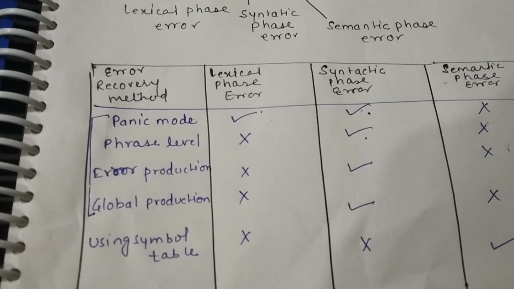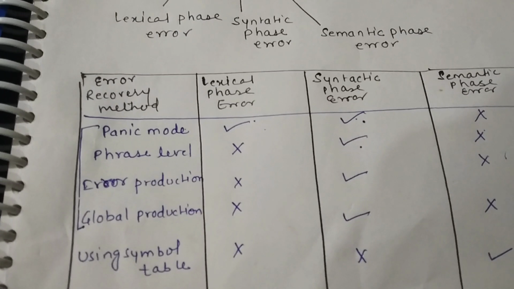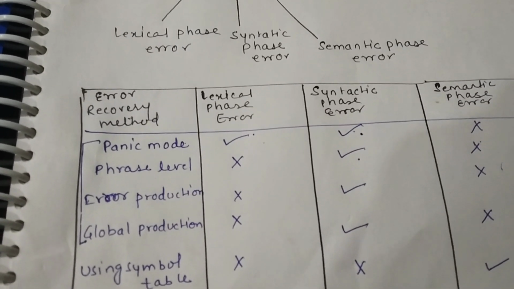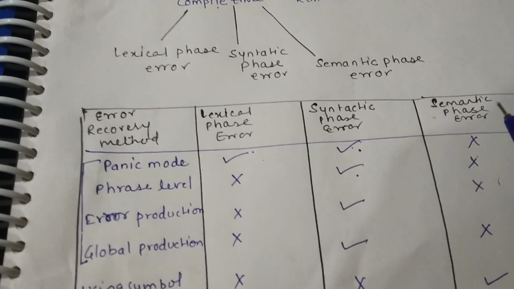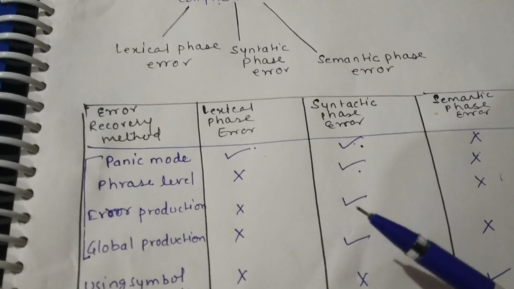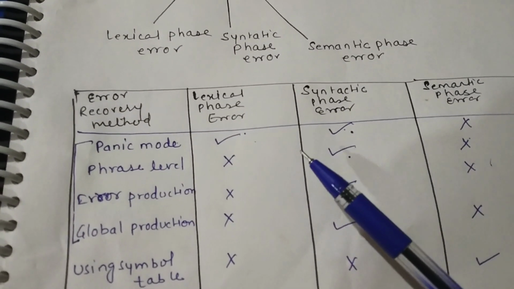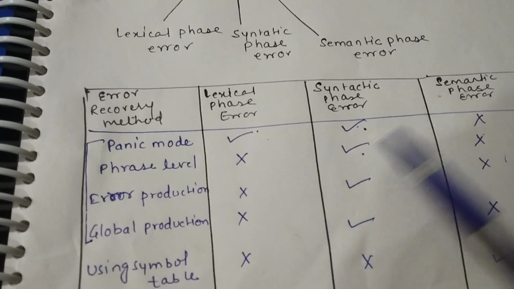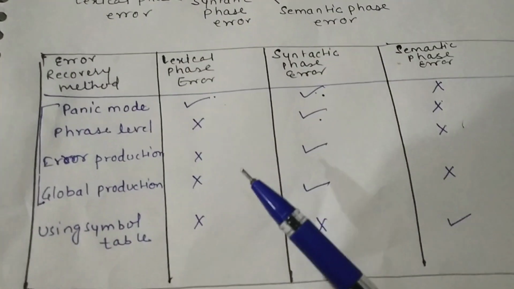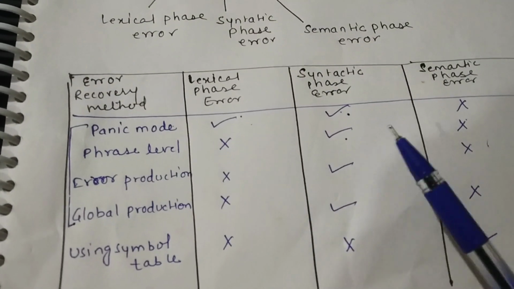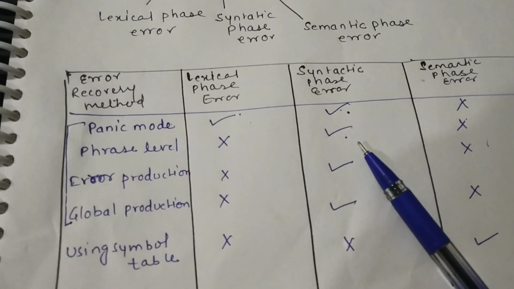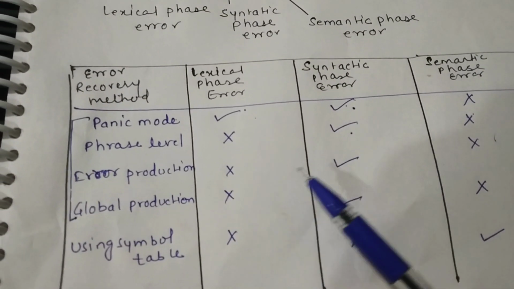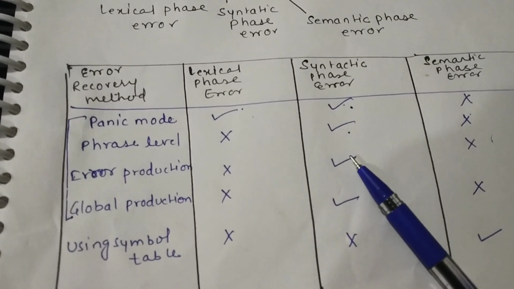Now we see from the table which error recovery method is used in which phase of the compiler. Like panic mode method is used in lexical phase and syntactic phase error, but not in semantic phase error. Phrase level error recovery method is used only in syntactic phase error. Error production method is only used in syntactic phase error.